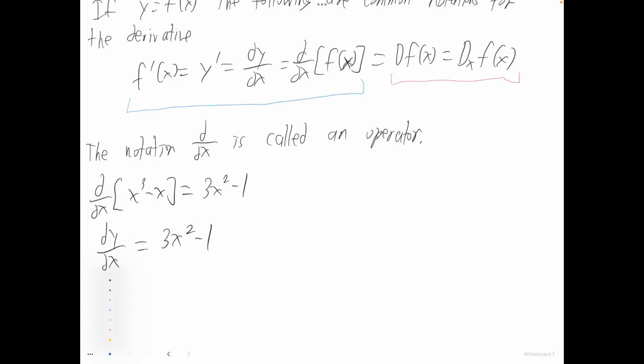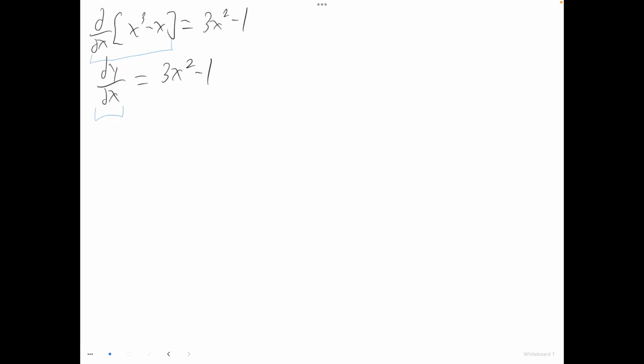This is a very subtle thing, but this is saying do the derivative, where this actually is the derivative, and so it is slightly different. We will use the d over dx notation to shorthand saying find the derivative of the following. It is very subtle, like I said, but it's just something to be aware of.